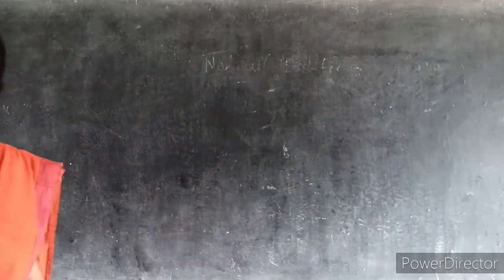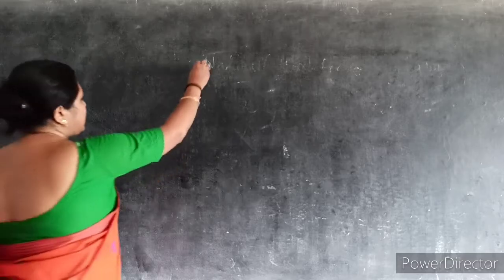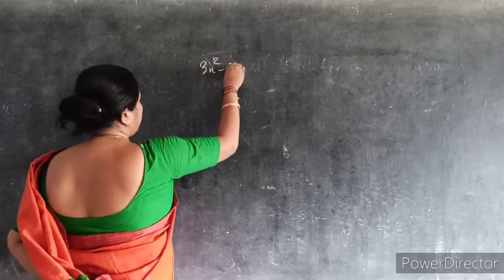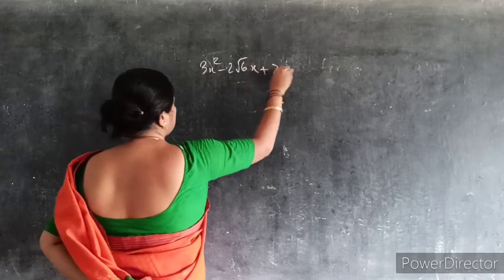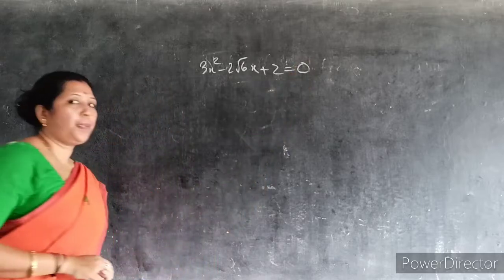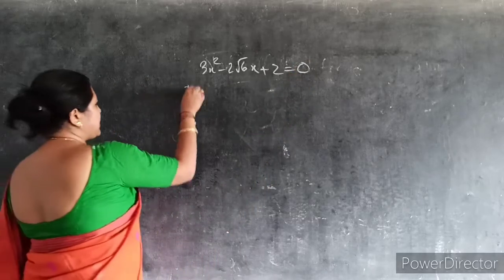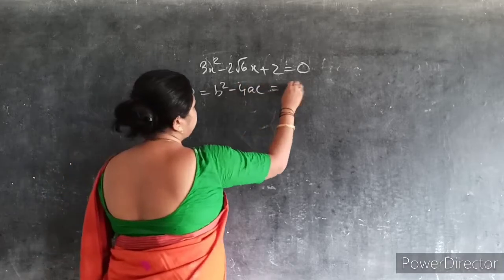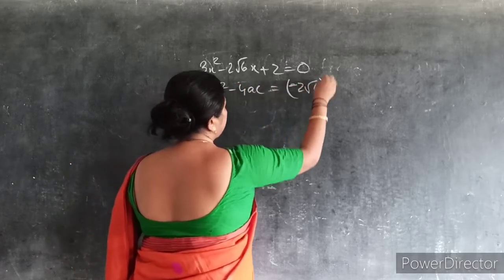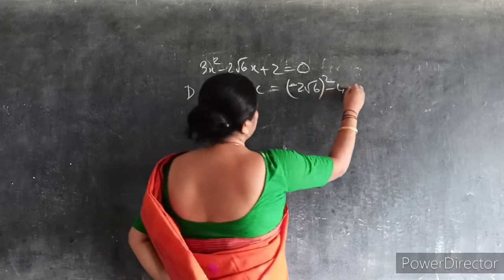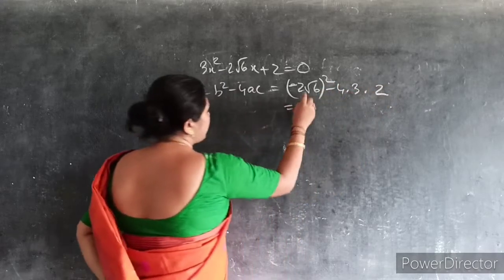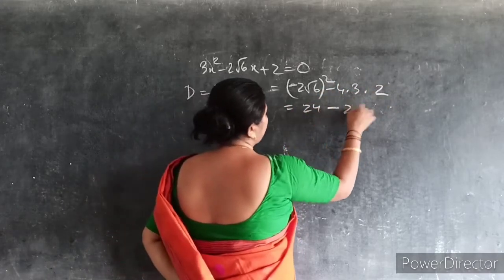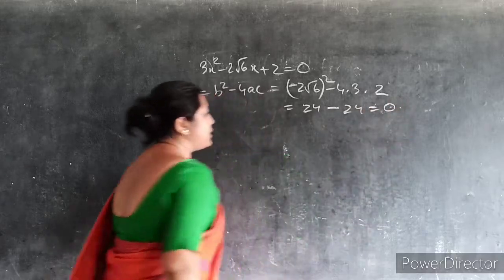For example, if I take 3x squared minus 2 root 6 x plus 2 equal to 0, let us find the discriminant value, that is b squared minus 4ac. So you are getting the value 0.